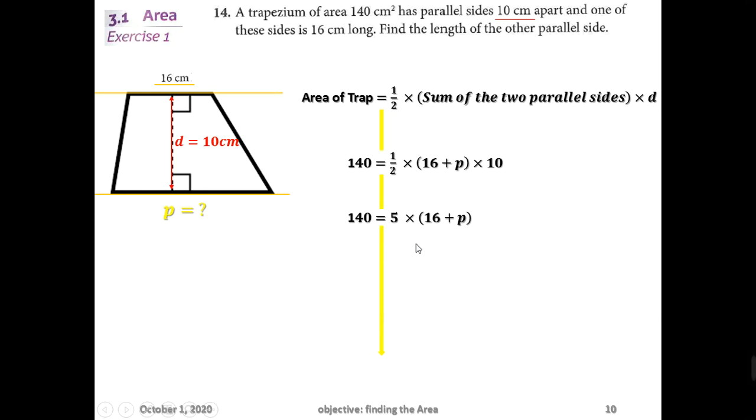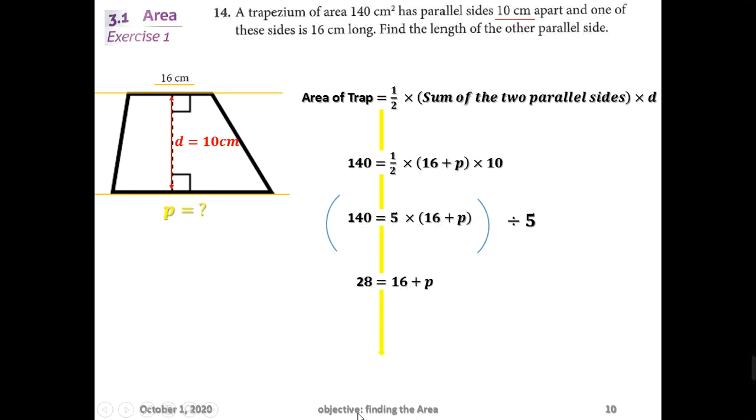Another option is, instead of the expanding step, you say immediately we divide each side by 5, because we're getting rid of the 5 to solve for P, or to make P the subject. And then you say 140 divided by 5 will come down to 28. So 16 plus P is equal to 28.